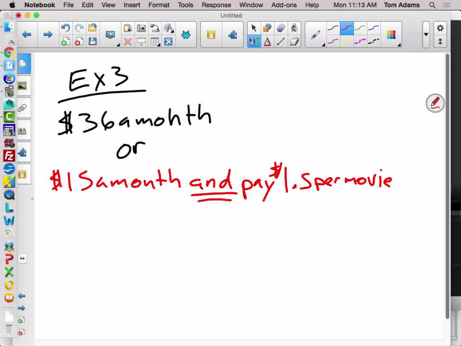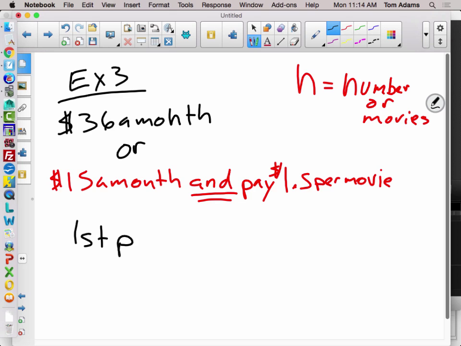Well, let's let n equal the number of movies. So the first plan, let's think of an expression.